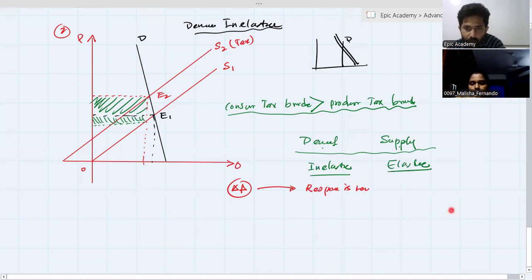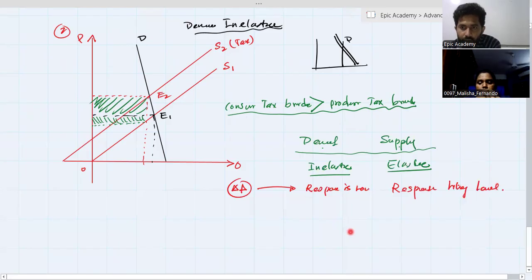But in here, supply is elastic. Elastic means according to a change in the price, they can change the quantity. We call it a response. This responsiveness is at a high level.